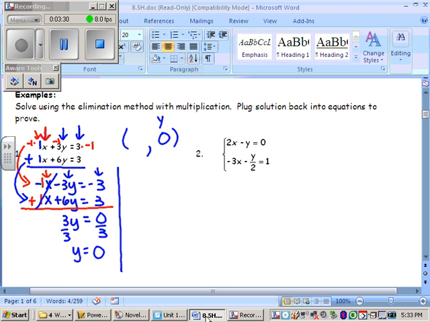So just as we've learned in previous lessons, we will now pick one of the original equations. So I'm going to go ahead and pick the second equation, although it really doesn't matter. And because I know that the y value is 0, I can replace the y with 0 in the equation.